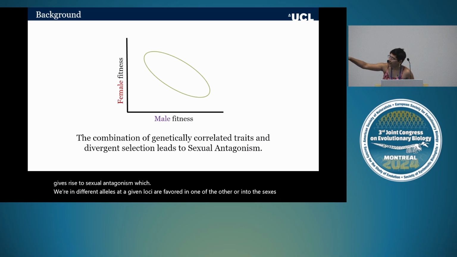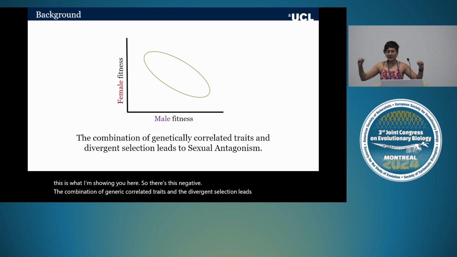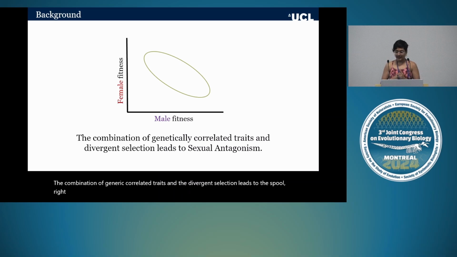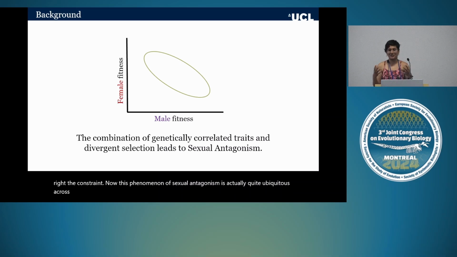And this is what I'm showing you here. The combination of negatively genetically correlated traits and divergent selection leads to this constraint. Now, this phenomenon of sexual antagonism is actually quite ubiquitous across many species across the animal kingdom.